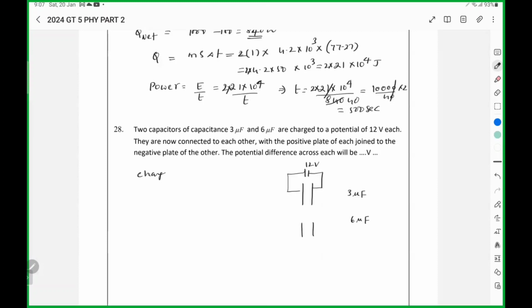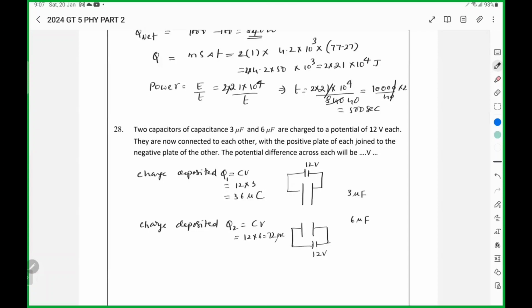Then charge deposited is 36 microcoulombs. This one is also charged to 12 volts. Charge deposited will be 12 into 6, 72 microcoulombs.